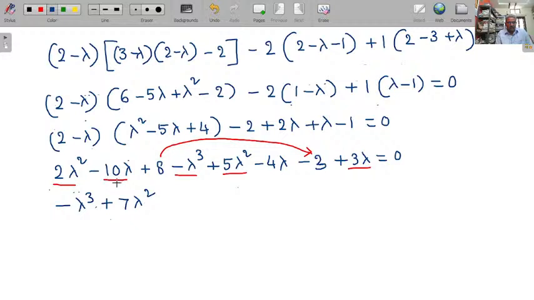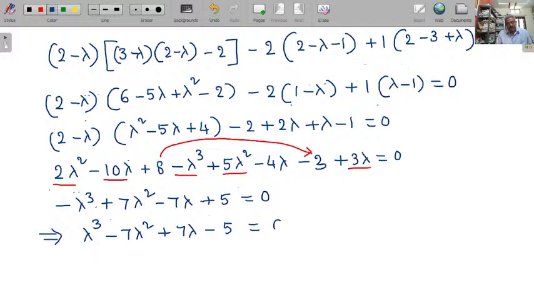So minus 10 lambda, 3 lambda, that is minus 7 lambda. So plus 3 and minus 3. Sorry, plus 8 and minus 3, that is plus 5 is equal to 0. So, multiply with the negative sign. Lambda cube minus 7 lambda square plus 7 lambda and negative 5 is equal to 0.